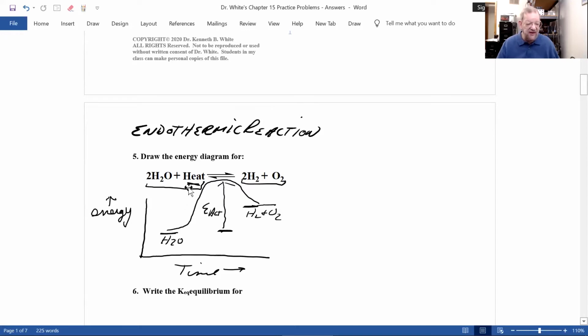Well, since you have to add heat, this is not considered in the energy of water. Adding heat plus water makes the energy of your products in an endothermic reaction higher than the reactants. And again, you have a hill, over the hill and down the hill to products we go.